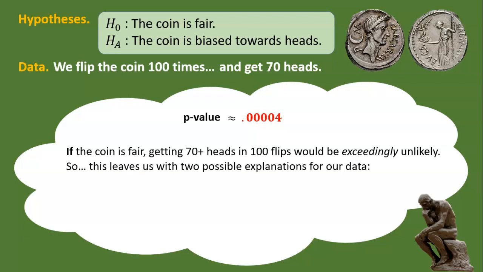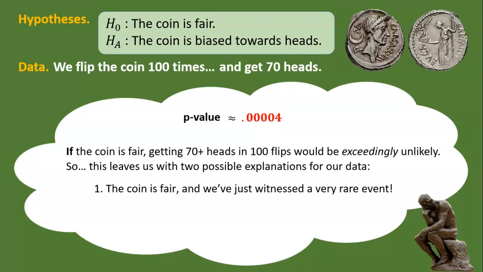So, this leaves us with 2 possible explanations for our data. The first explanation is the coin is fair, and we've just witnessed a very rare event. If we accept this, then we would be retaining the null hypothesis. Or the second possibility, which feels much more reasonable here, is simply that the coin is not fair.